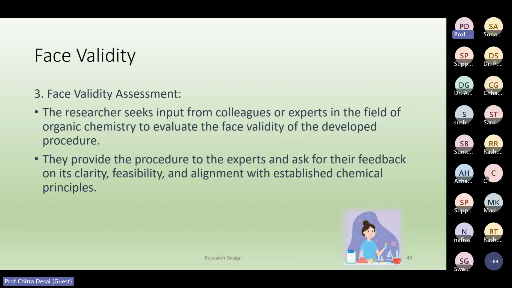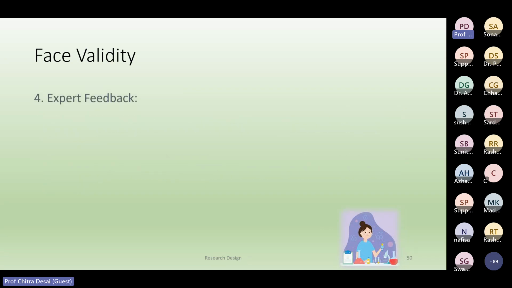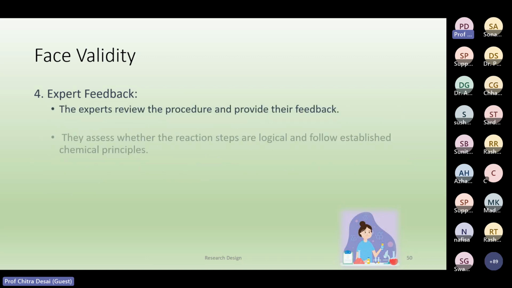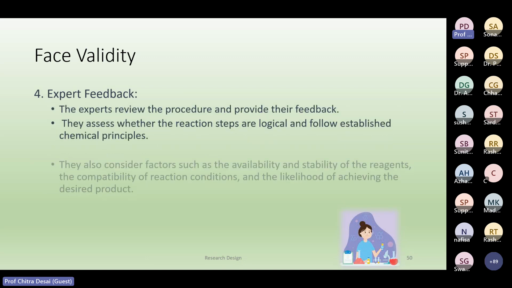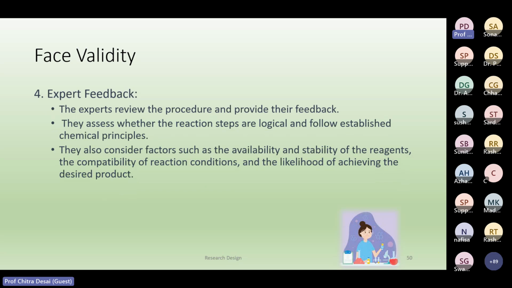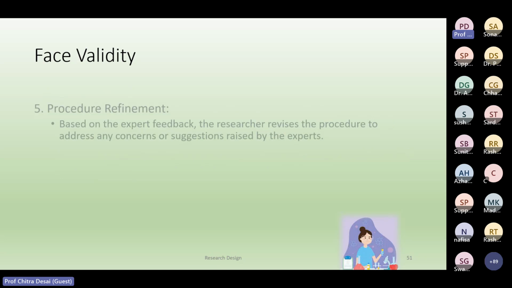Because when we are doing certain things, if our reading is limited, we may not have explored that component of the chemical which others must have gone through. Immediately when you discuss these things with them, the clarity comes to you. The expert feedback will help you get more understanding of the likelihood of achieving the desired product.